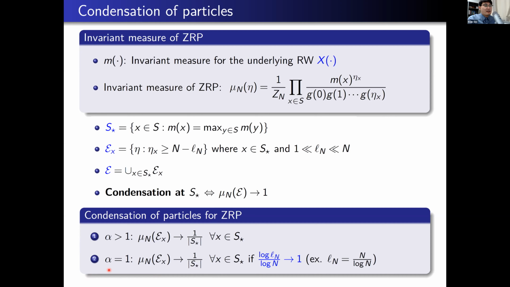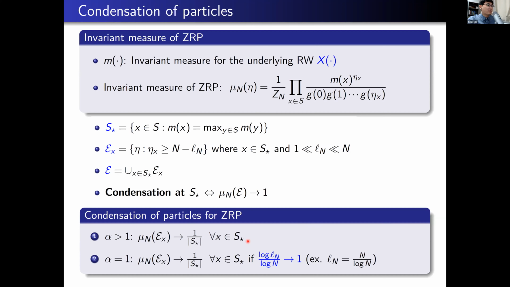For alpha equal to exactly 1, you have the same result, but you have to take l_n as a number close to n. For example, you have to take l_n as n divided by log n or something like that in order to have this relation along with this relation. So this additional condition makes the critical case much harder than the supercritical case, as we will see later.